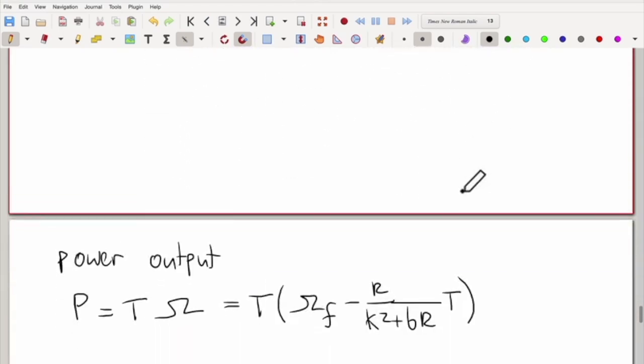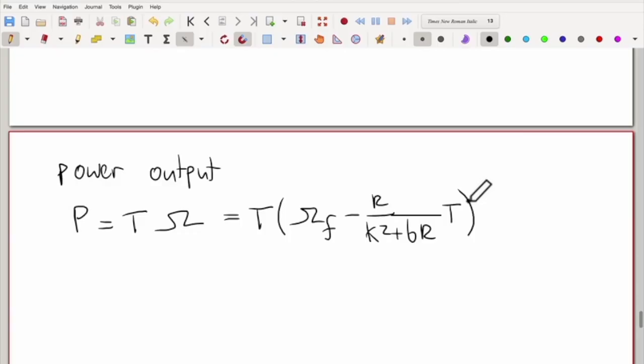Yeah. And that is equal to T omega F minus T squared times this thing here, R over K squared plus BR.